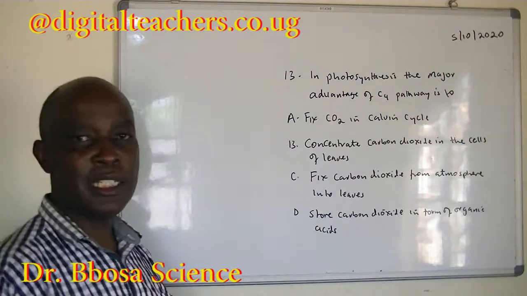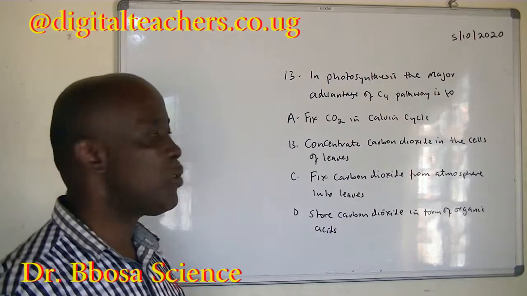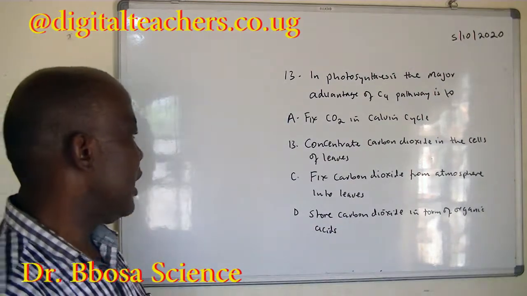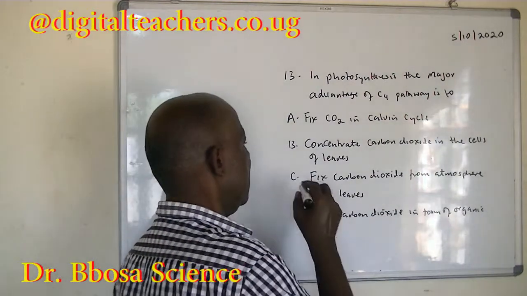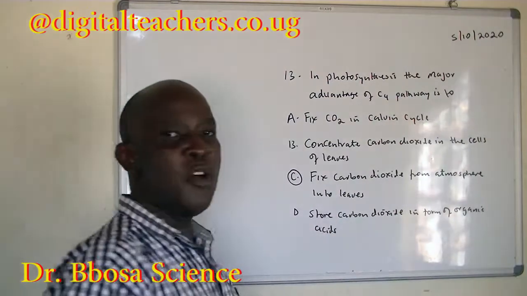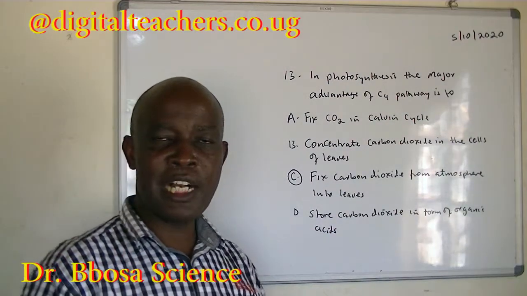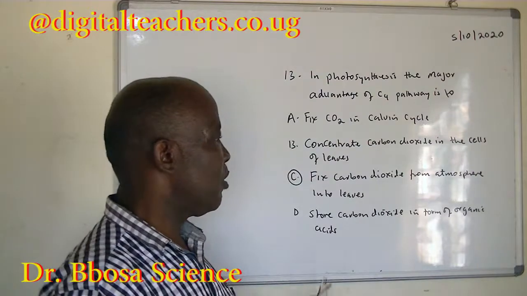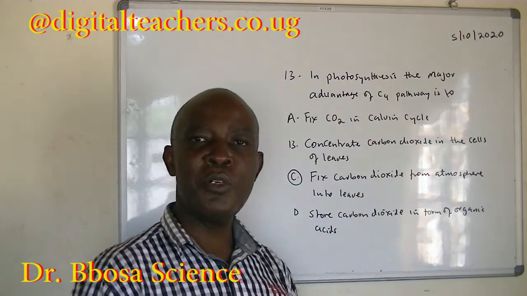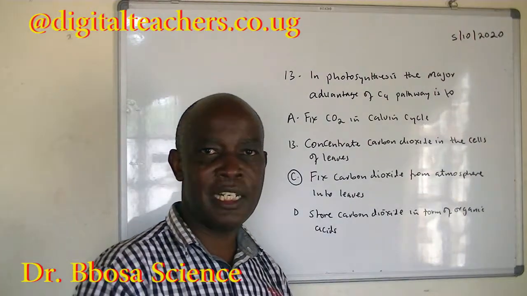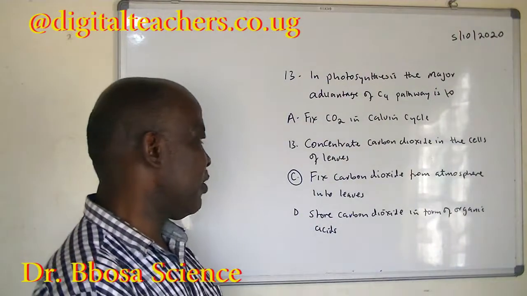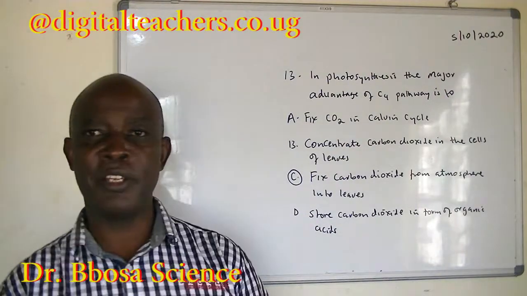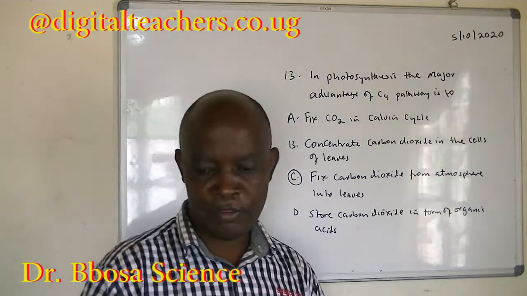You can pause, answer, then we continue. The answer is C. PEP carboxylase fixes carbon dioxide from the atmosphere into the leaf.